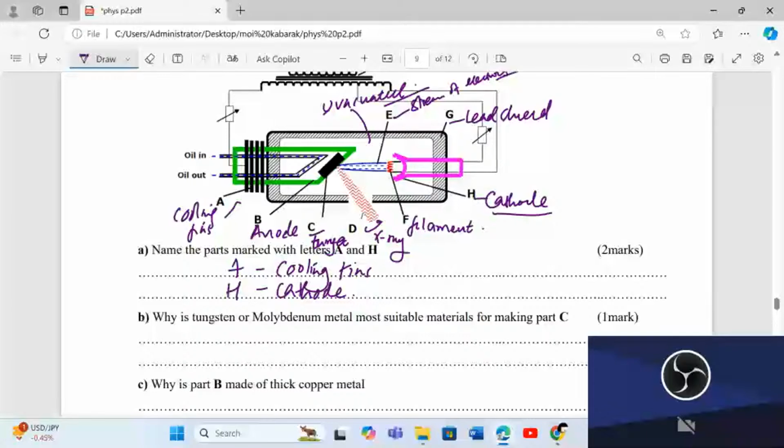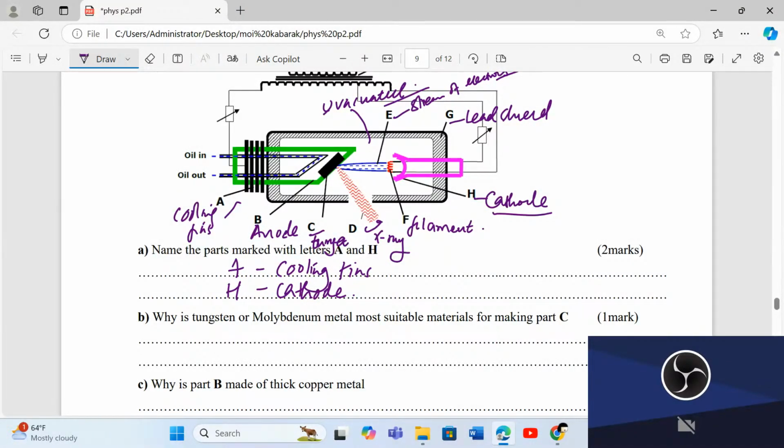such as tungsten or molybdenum, name two metals most suitable materials for making part C. Part C is the metal target, and we expect the beam of electrons hitting there to produce a lot of heat.